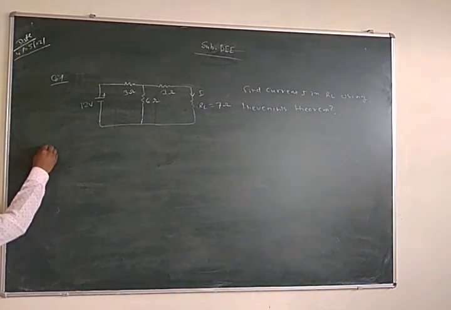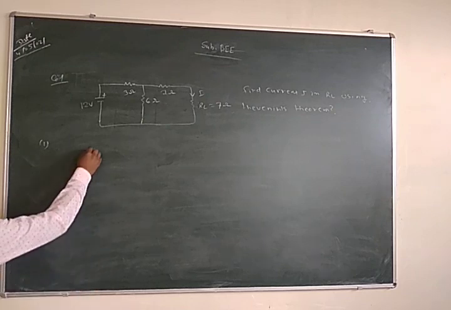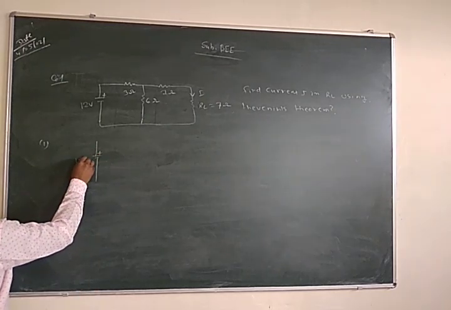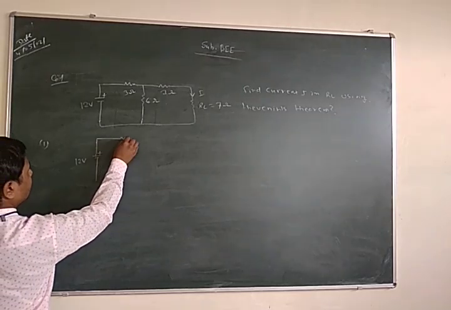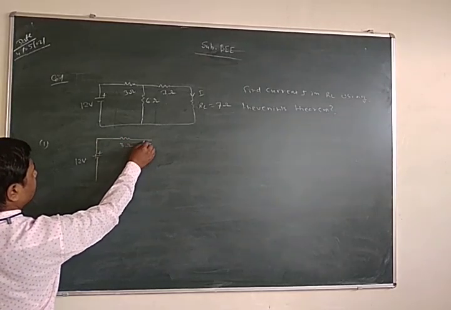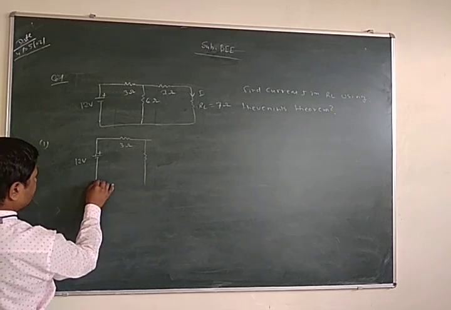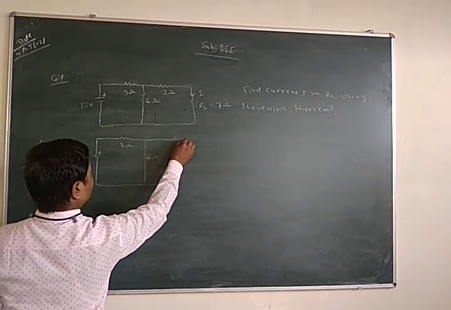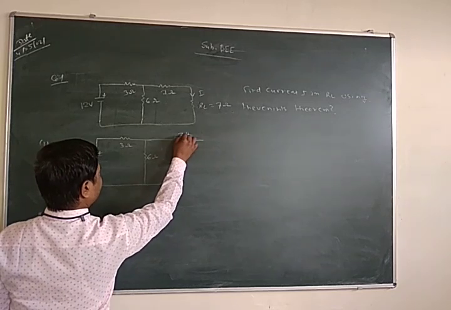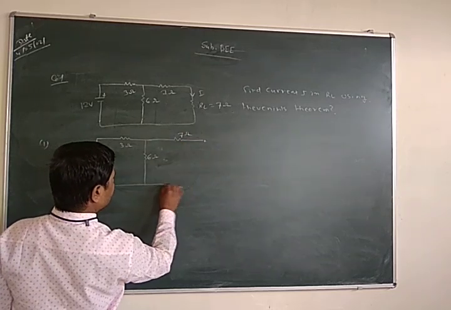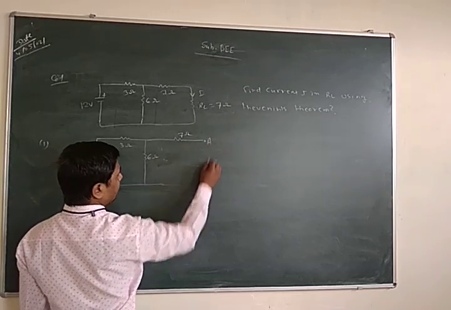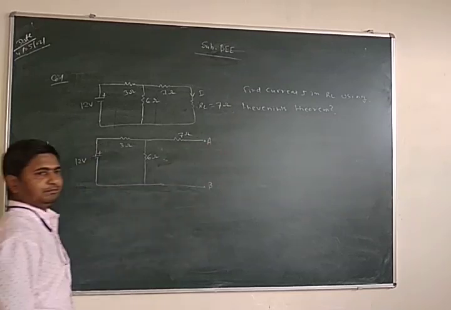So first of all, we remove the load resistance. So our network is 12 volt, 3 ohm, 6 ohm, 7 ohm, and these terminals are open circuited, and we mark AB.